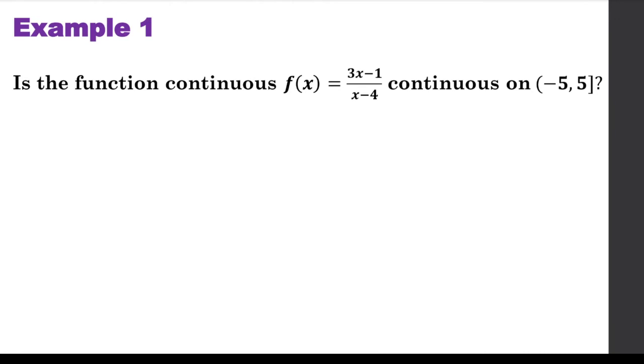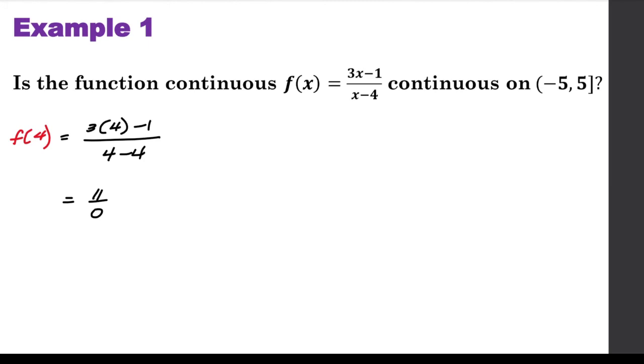So if we're going to do f of 4, and then we do direct substitution, we have 3 times 4 minus 1 over 4 minus 4. So we have 11 over 0.